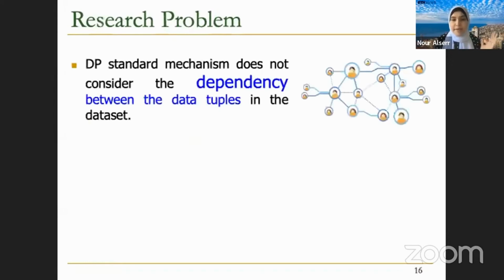What are these limitations? The first problem is that differential privacy doesn't consider the correlation between the data. It means that in differential privacy, we assume all the data we have, all the rows, are independent.